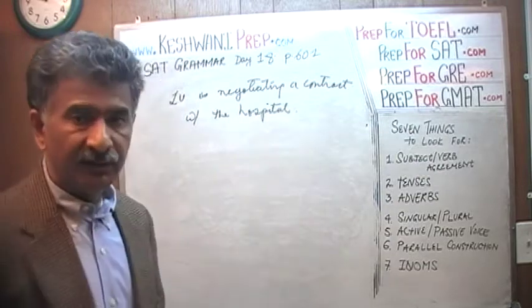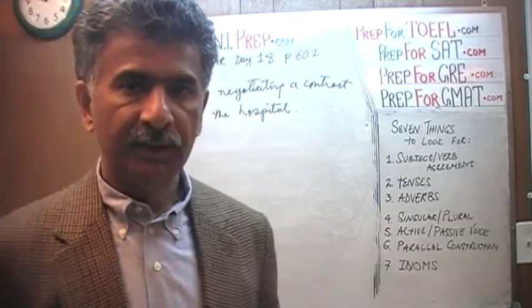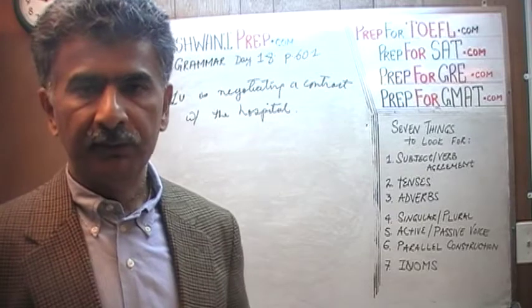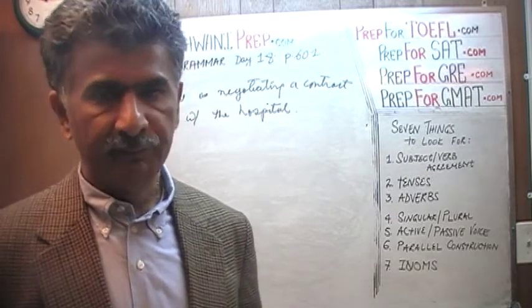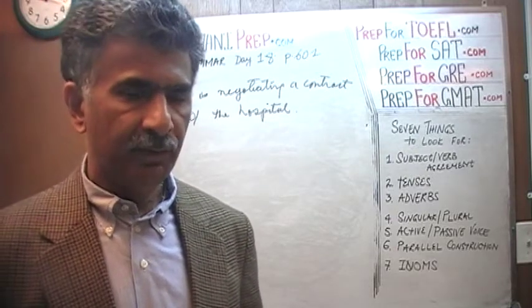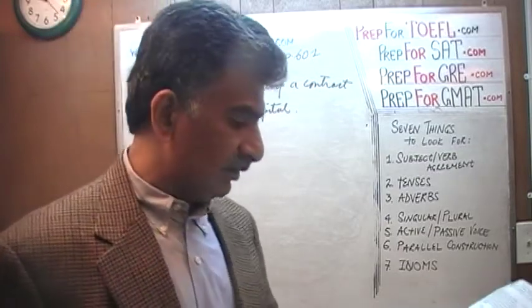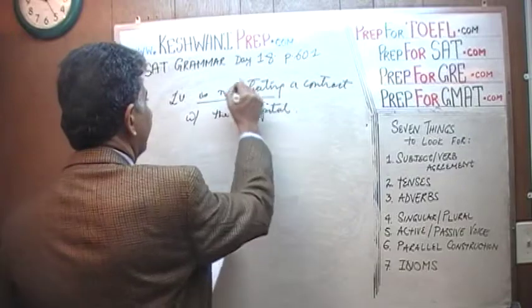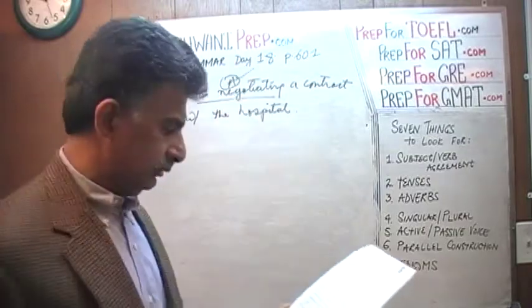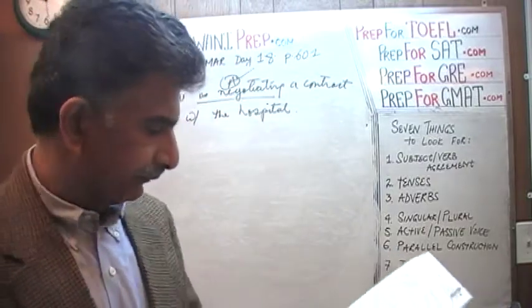If that were the end of the sentence, the labor union is negotiating a contract with the hospital, there is nothing wrong with this sentence, which tells us that A is not the answer. We do not know what the answer is, but it's not A.